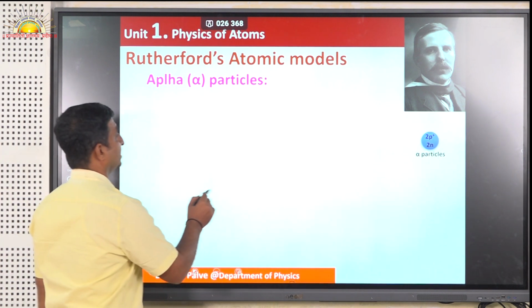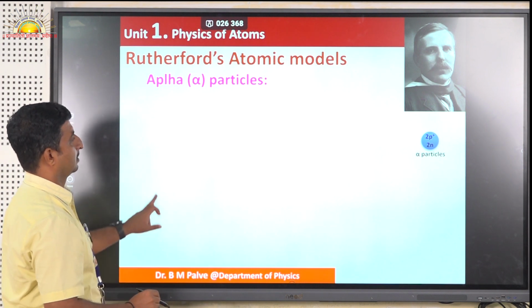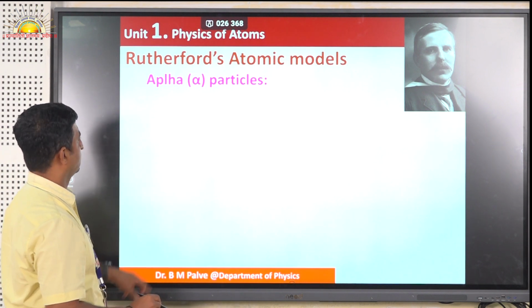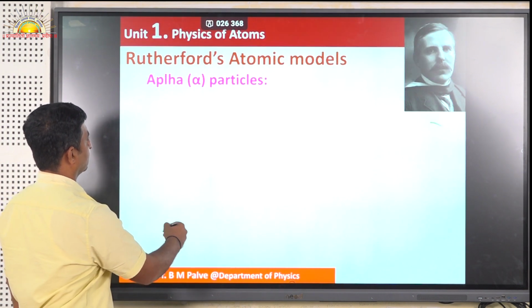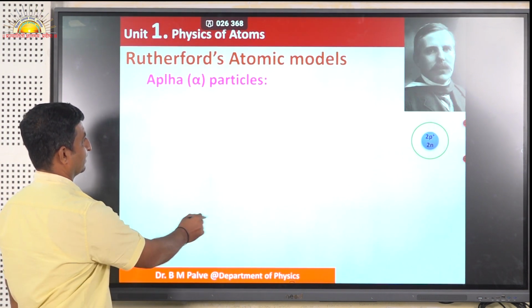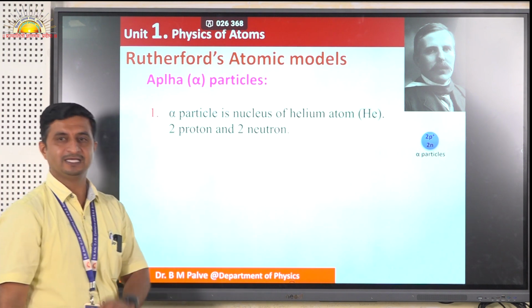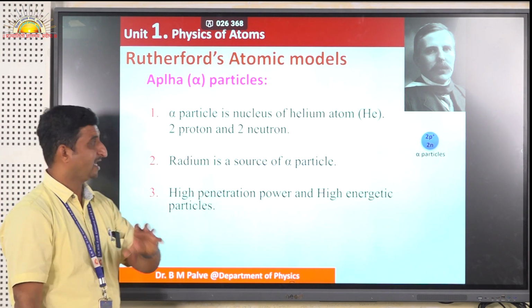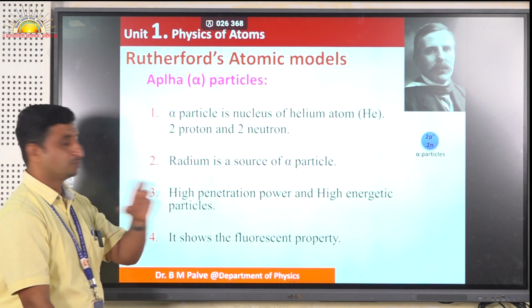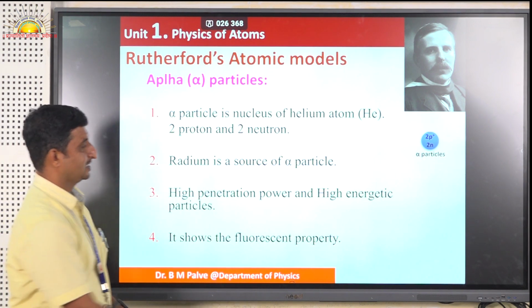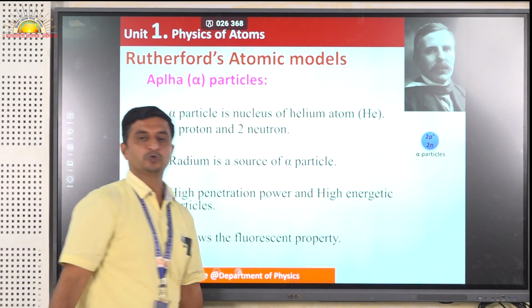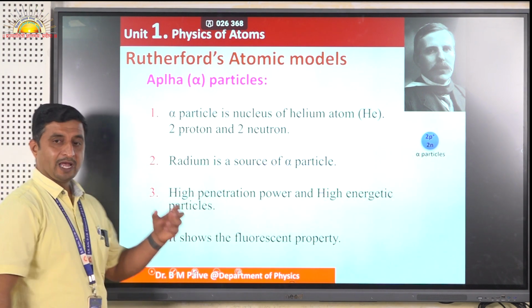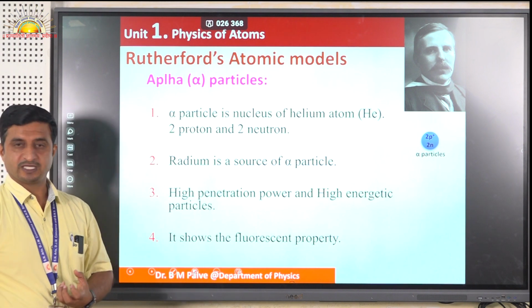This alpha particle is the nucleus of a helium atom, which contains 2 protons and 2 neutrons. We can see here these alpha particles. An alpha particle is nothing but 2 protons and 2 neutrons. An alpha particle is a positively charged particle.